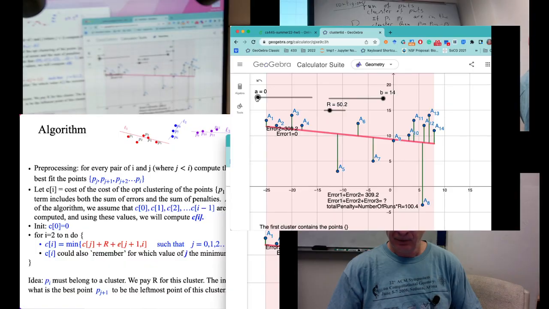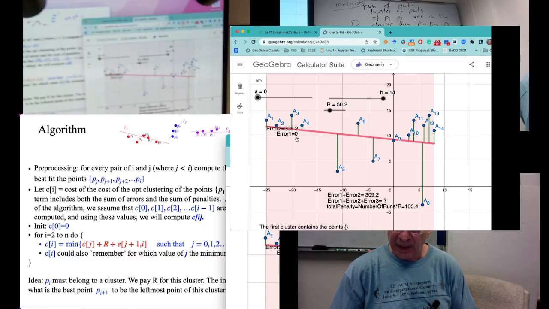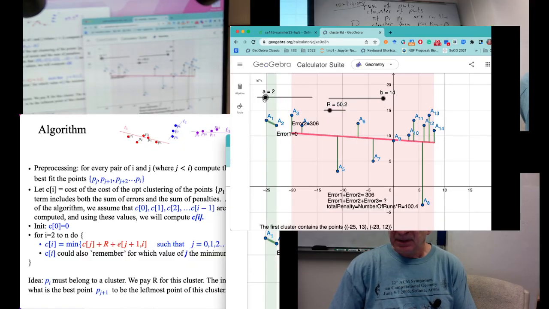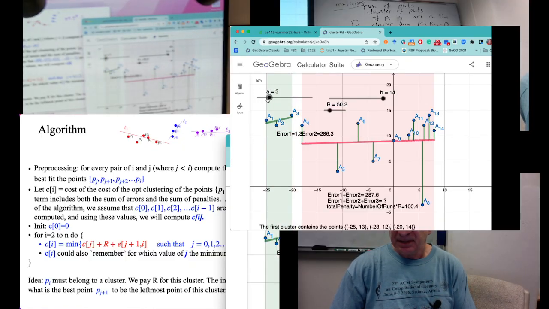J starts from 0, then I'm only paying for C0 plus 1R plus E of everything from j plus 1, A1 all the way to A14, that is the error that I'm paying over here, given as error 1, or given as a typo, it should be error 1, because it is not the first cluster.